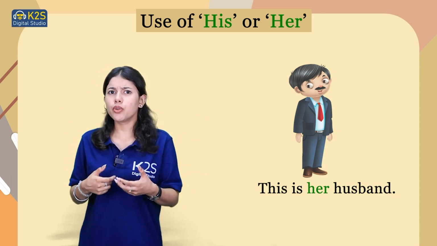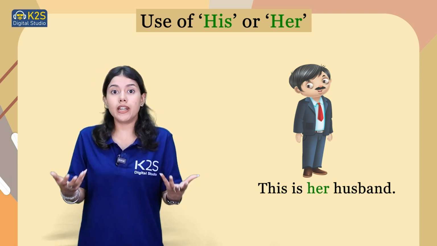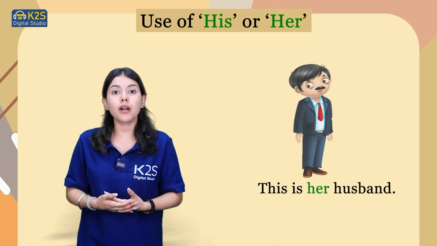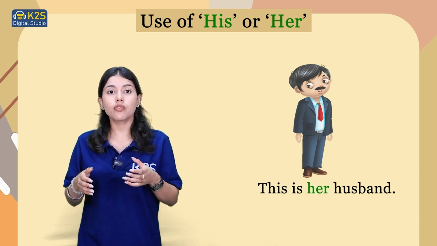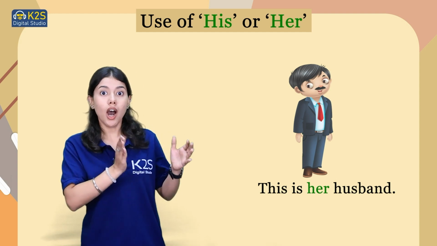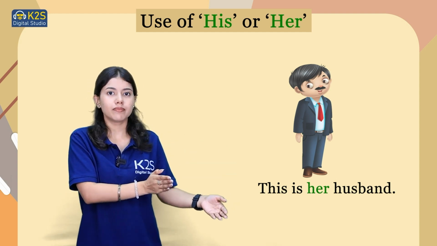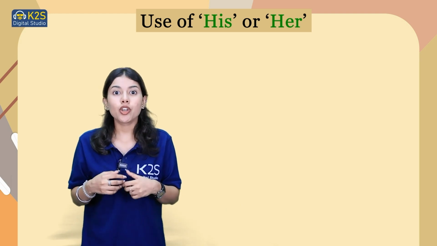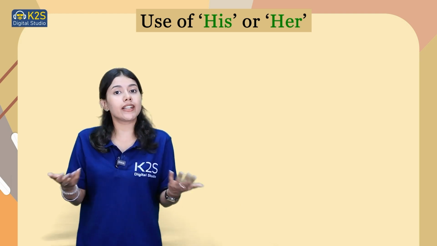Instead of using the name Rama, we use the word her. We are talking about a female over here, so we used this is her husband. Did you get that? Great. If you have any doubts, you can directly ask.